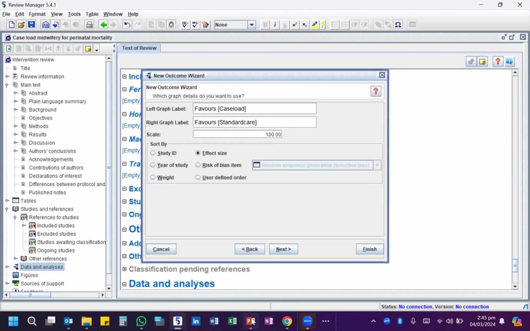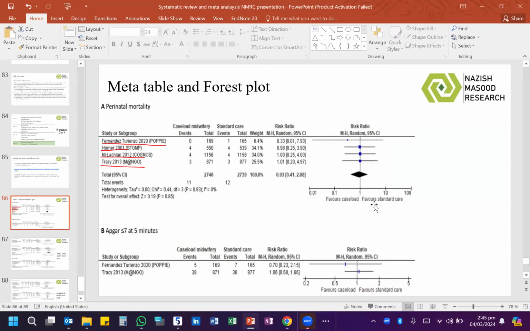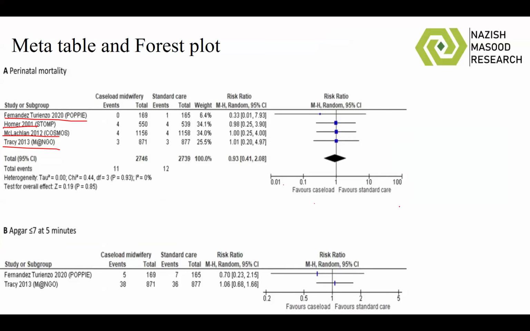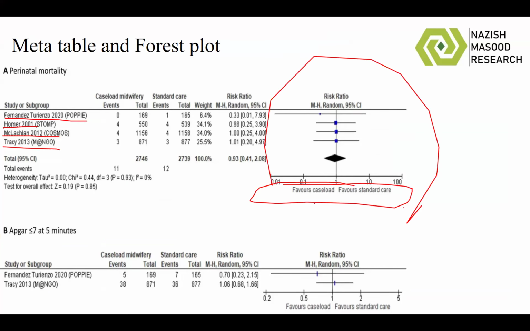Why am I doing that? Because I'm basically just trying to replicate favors caseload, favors standard care, as was in the study that we are trying to replicate. This is what we're doing right now, this graph. Okay.